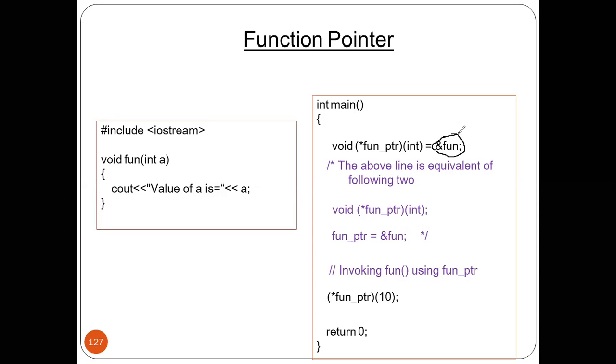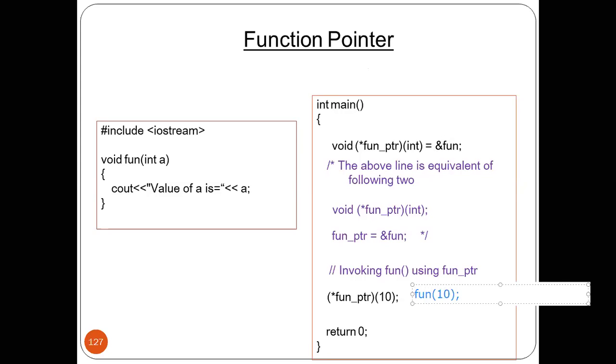It will pass one value through the function pointer, with 10. Normally, in a regular function call, what line would it have if I'm not using the pointer variable?